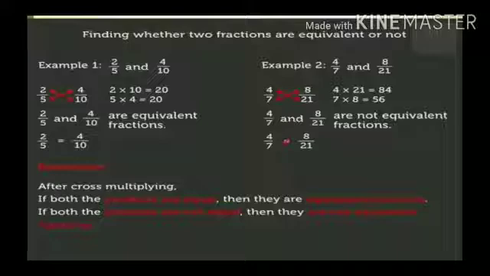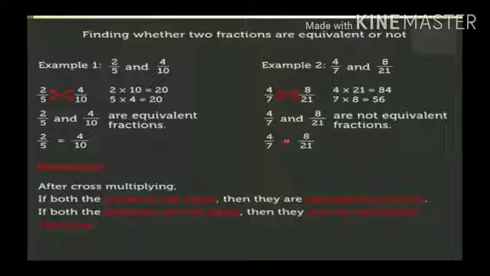Now see in this second example, 4 upon 7 and 8 upon 21. Again we have to do the cross multiplication of the numerator of the first fraction with the denominator of the second fraction and the numerator of the second fraction with the denominator of the first fraction. After multiplying, 4 into 21 we get 84 and 7 into 8 is equal to 56.